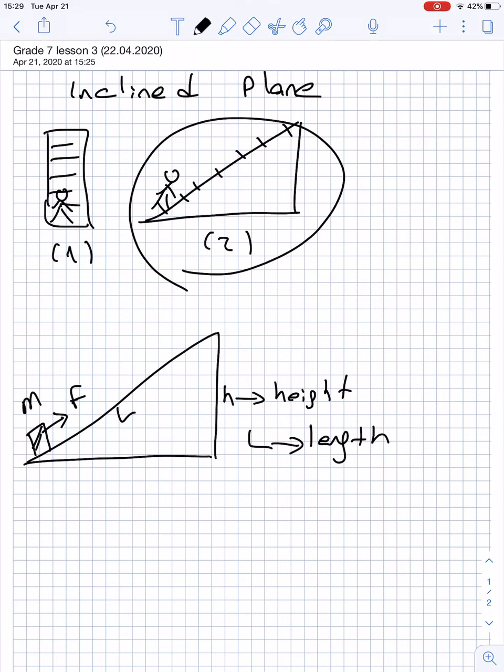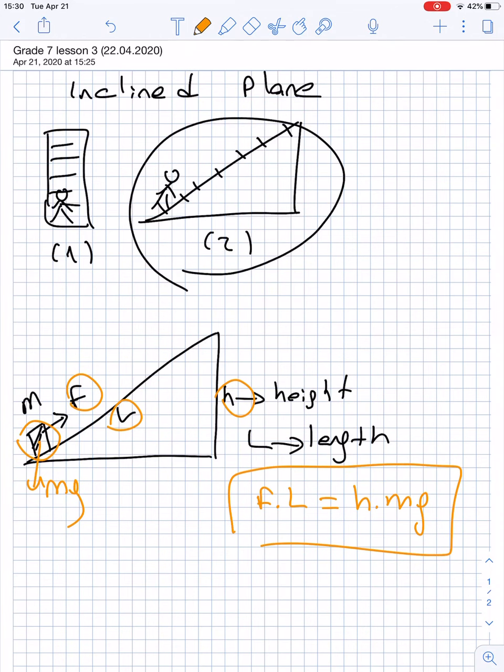How can we find the relationship between the force, length, height and weight of the object? Now we will check: height and weight of the object, mg, are parallel, and F and L are parallel. If I write a formula, F multiplying L is equal to height multiplying mg.